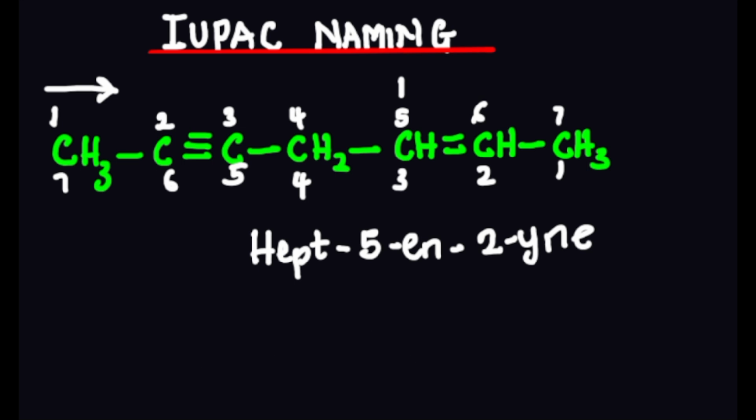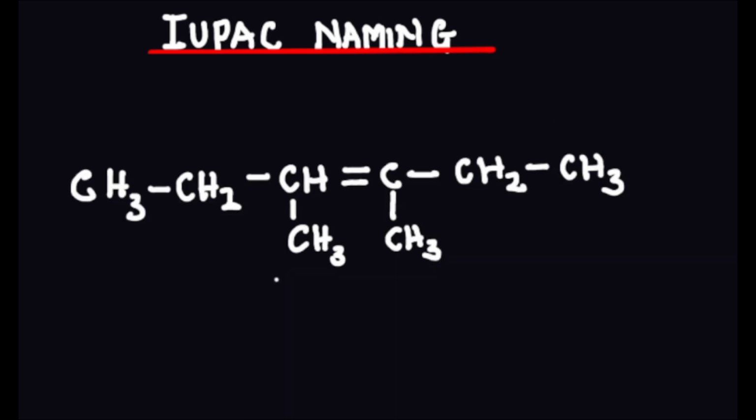Now let's go ahead and name another compound. Let's take a look at this question. We are having a double bond here, right? Let's go ahead and check for the longest carbon chain. By numbering forward we're going to have 1, 2, 3, 4, 5, 6, and backward also 1 to 6. This indicates that whether we number forward or backward, the double bond falls on position 3 and the attachments also fall on positions 3 and 4.